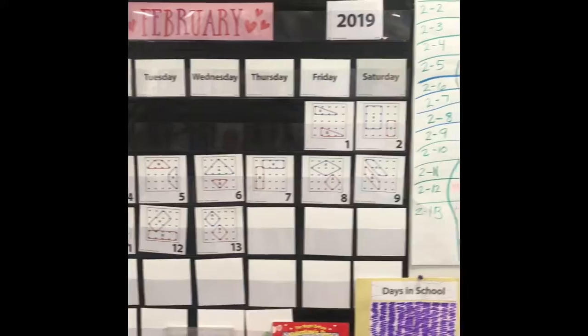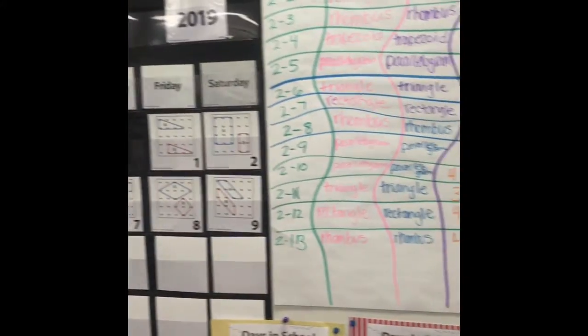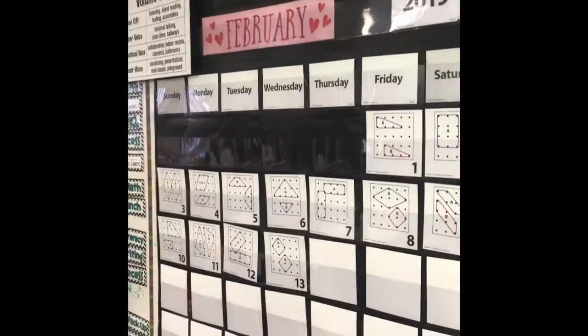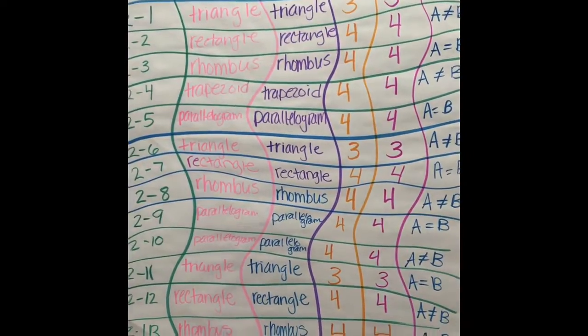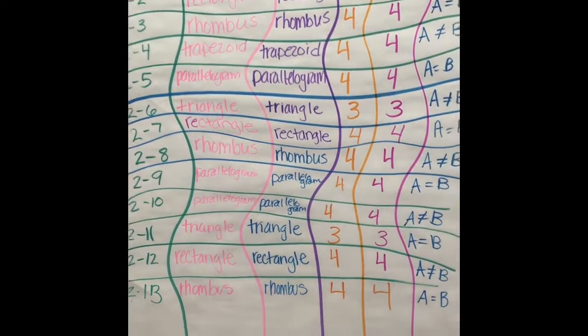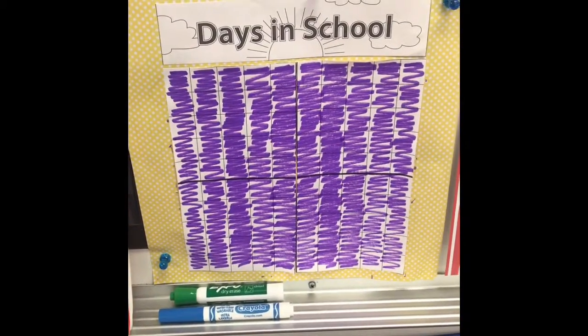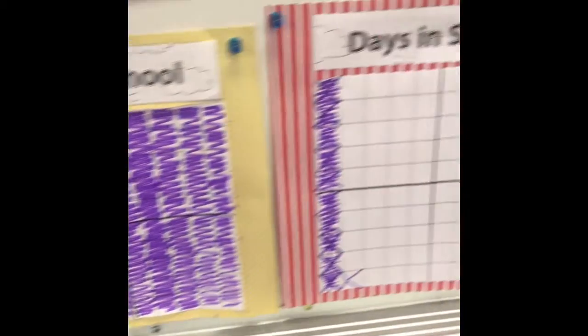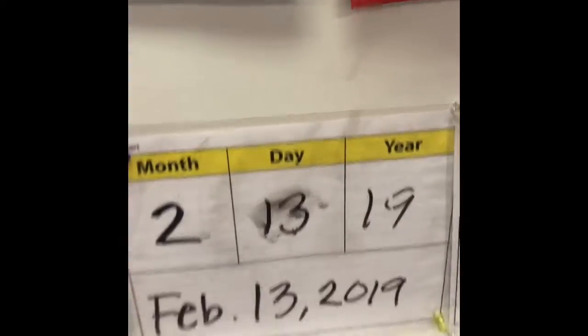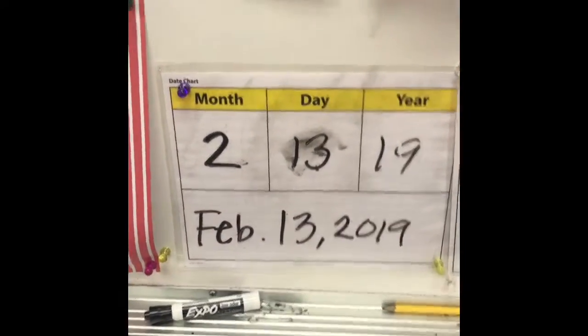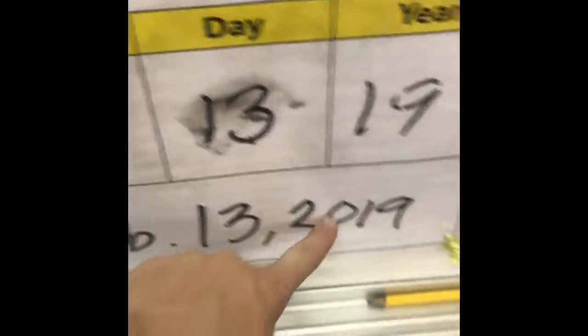Okay, here is an example of a 1st grade classroom and their calendar math. So we have the actual calendar, we have the data stemmed from the calendar, we have clustering, or grouping, with the days in school, and then we also have a chart where the kids tell me the month, the day, and the year, and then in written form.